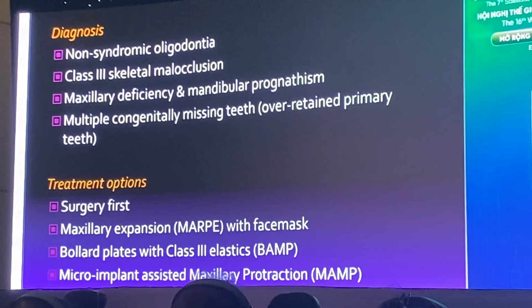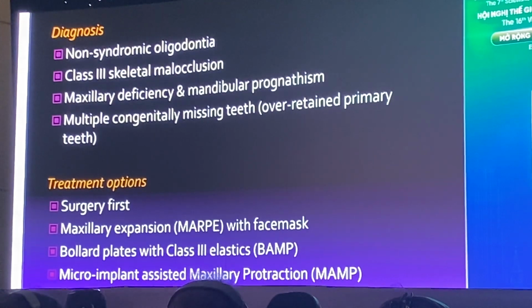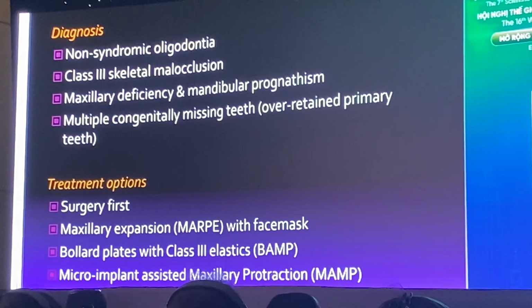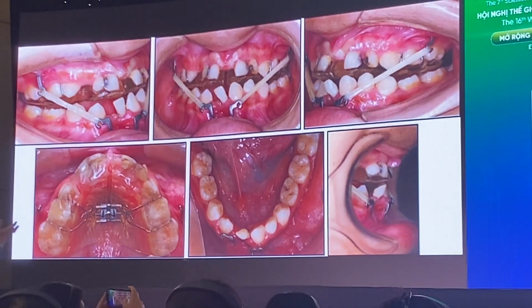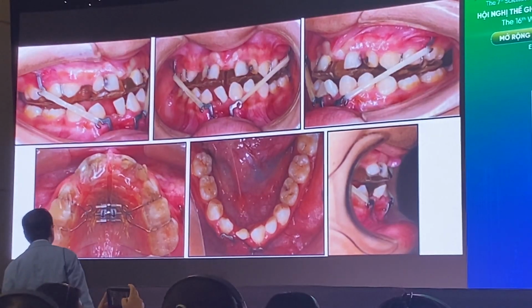So you can maybe do class 3 elastics full time instead of a face mask, but you gotta have a bony plate on the upper, you gotta have a bony plate on the lower, all right? So what are the options that you can do? Well, you can do something like that.